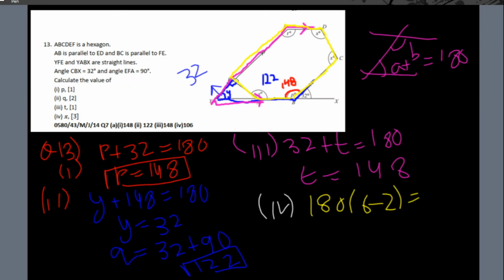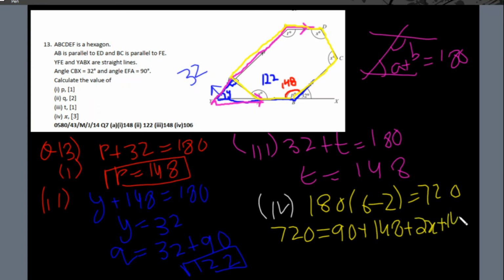So 180 times 4 is 720, and we know 720 should be equal to one angle of 90, one angle of T, which is 148, two angles of x, one angle of P, which is 148, and one angle of Q, which is 122.